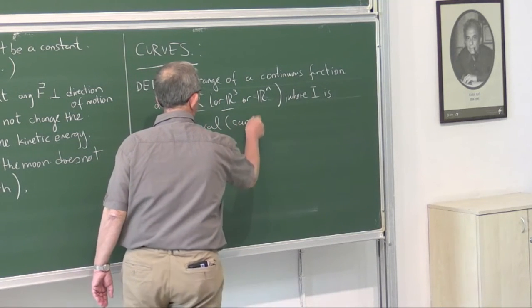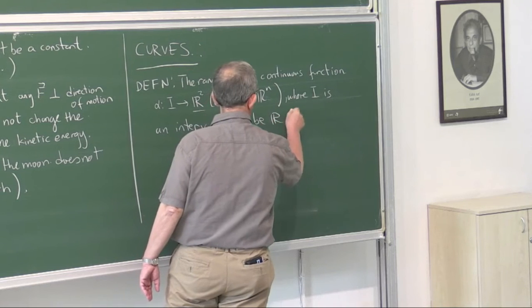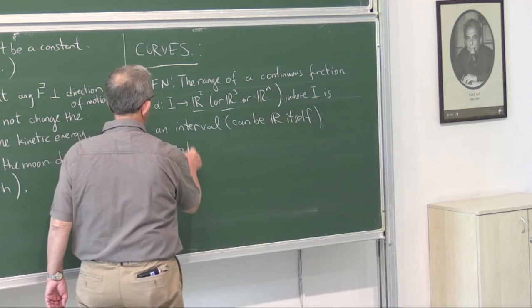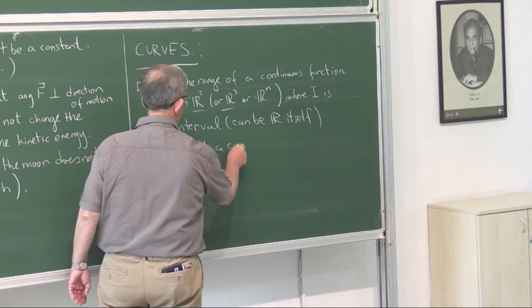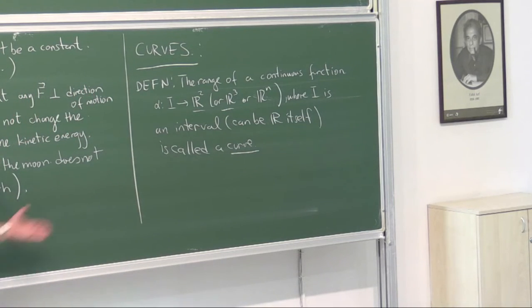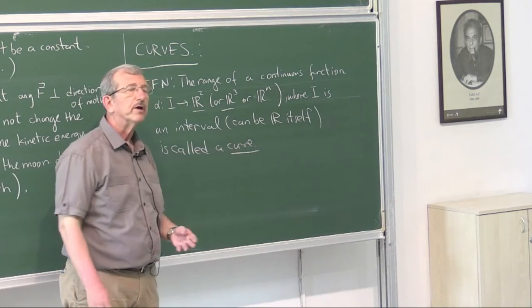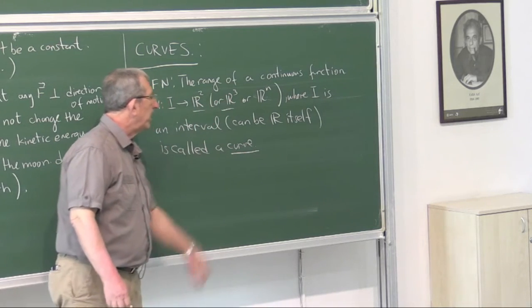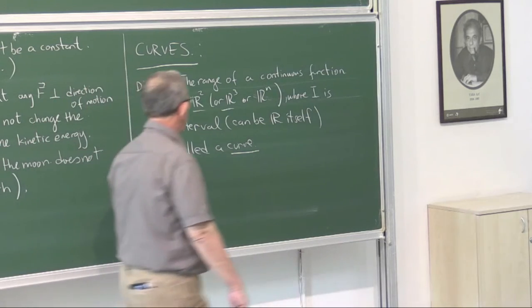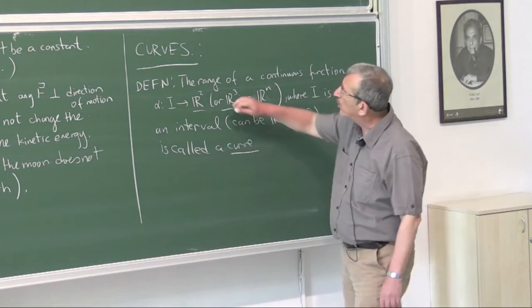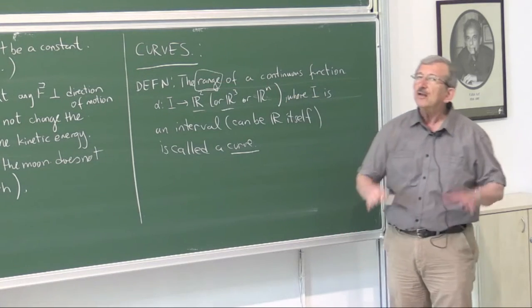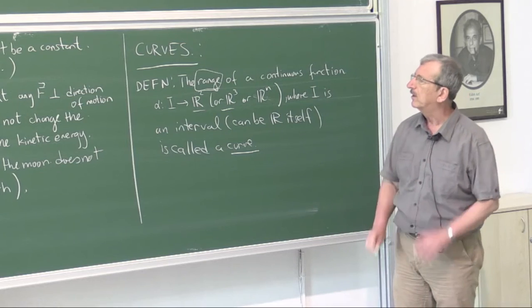This can be R itself. It's called a curve. If you have the range R2, you will have a curve in plane. If you have a curve in R3, you will have a curve in space. This way or the other, we are talking about the range of such a function, not the graph. So we should be careful about this.